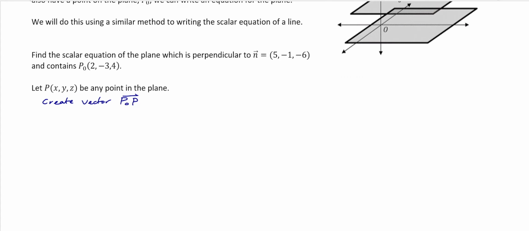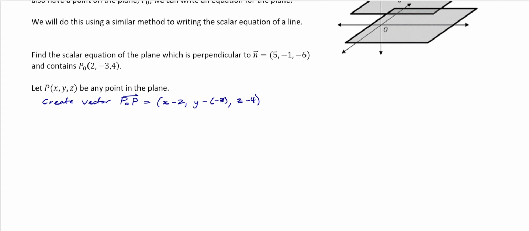Okay, let's go back and create that vector. We create that vector by going final minus initial. So my final is x, my initial is 2, so x minus 2. Y minus -3, and then z minus 4. So that's my vector on the plane.